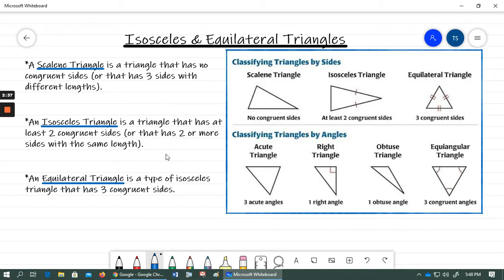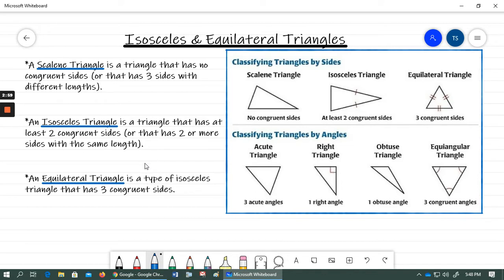All right, so that's a scalene triangle. An isosceles triangle is a triangle that has at least two congruent sides. So when we say at least two congruent sides, we mean that it has two or more sides with the same length. All right, and so that's an isosceles triangle.